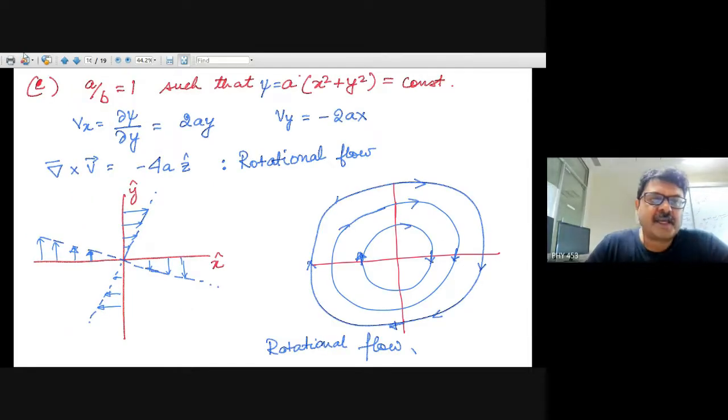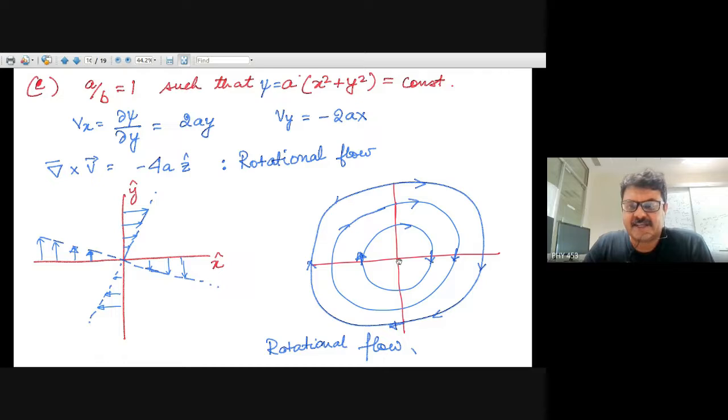Now, if A by B was equal to 1, so that psi equals A times x square plus y square, then taking the suitable derivative, you would get Vx equal to 2Ay and Vy equal to minus 2Ax. So in this case, the y component of the velocity is in the negative direction as you go on increasing x.